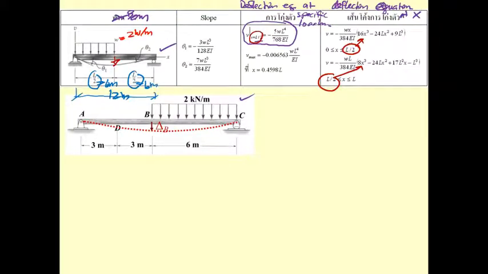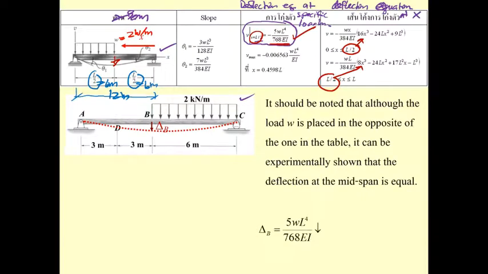If you put the L over 2 into these two equations, you will arrive at the result in the form of 5WL power 4 divided by 768 EI.